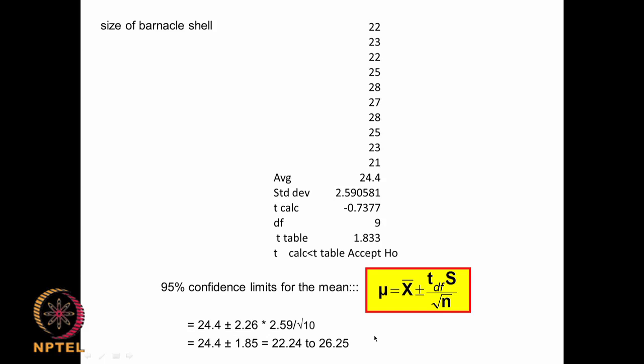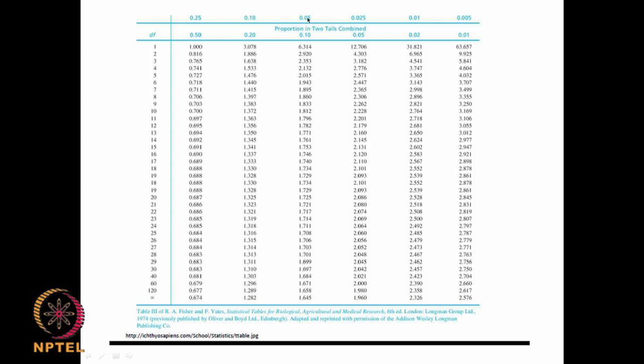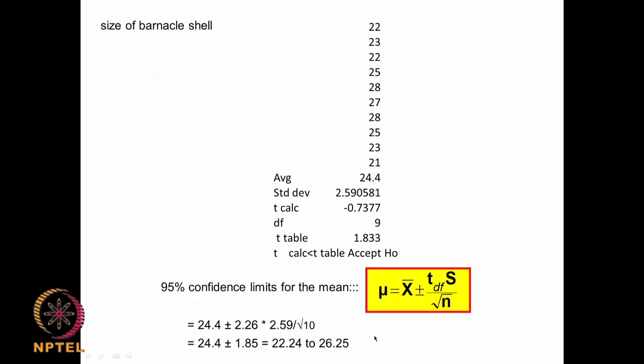For 9 degrees of freedom, from the T table I showed you, the top one is for single tail and the bottom one is for two tail. So, for P of 0.05 and 9 degrees of freedom you get 1.833. Obviously the T which you have calculated is much less, so there is no reason for you to reject the null hypothesis.